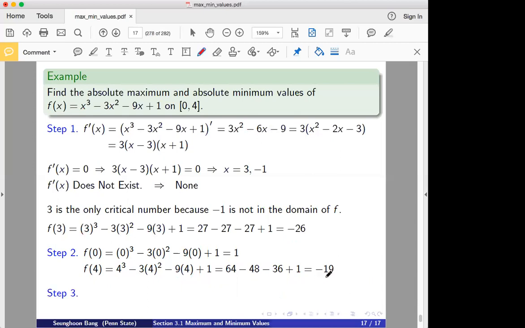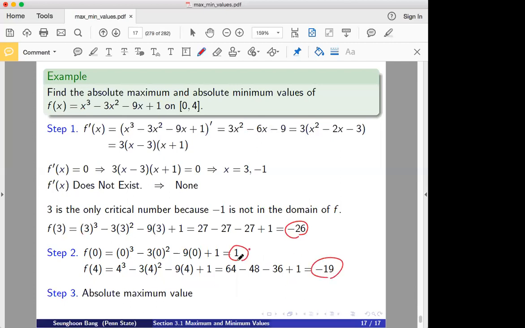So what is step 3? Which one is the absolute maximum? What is your answer? Yes, 1. We have three function values, and the absolute maximum is the greatest value.